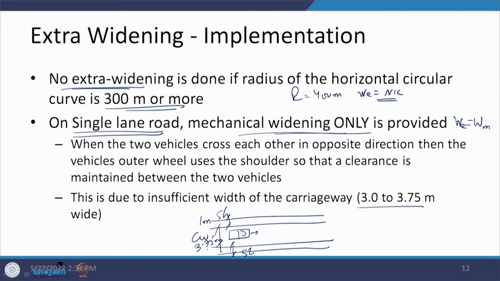So, what you require is 2.44 into 2, so it becomes 4.88 meters, and then if there is a gap between the two vehicles, it is going to be probably more. So, now what we are looking at is when it is more than 3.75, because of the two vehicles, what will happen is the vehicles are going to move in this form.